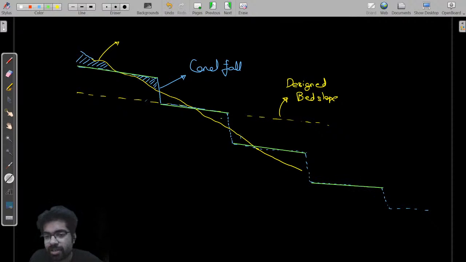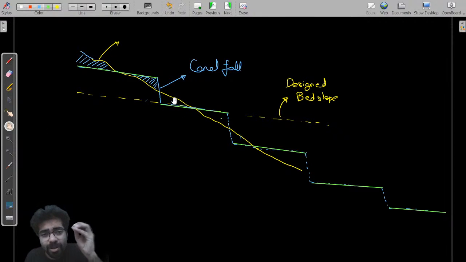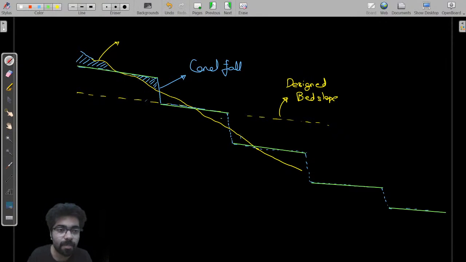Okay, sir, now I have understood. Now for the first time I have understood exactly why canal fall has been provided. See, if you consider this second portion, there is much less excavation. See how much excavation you have saved now. Only this much excavation you have to do, and you fill that in that area.